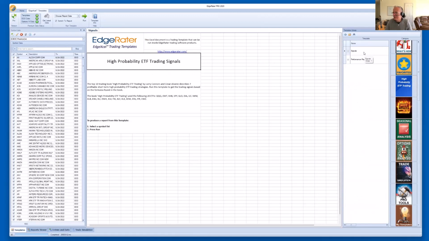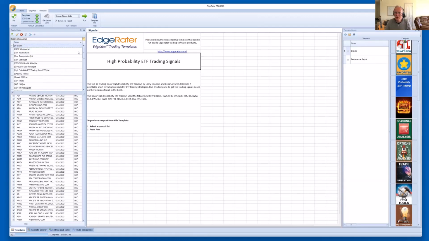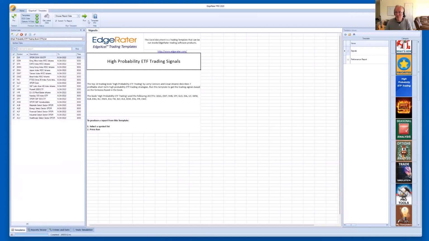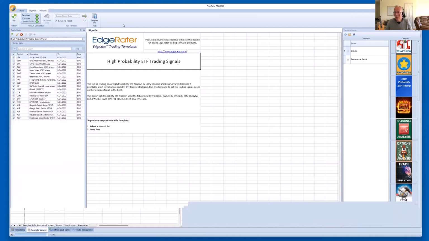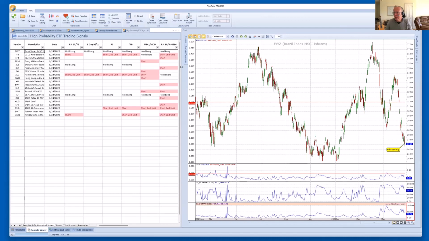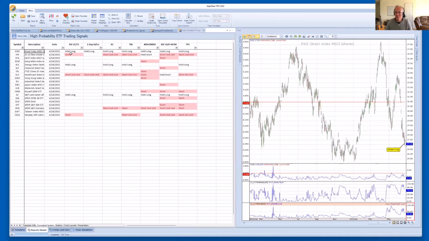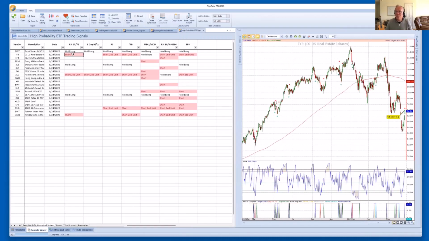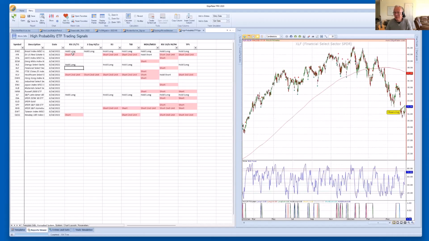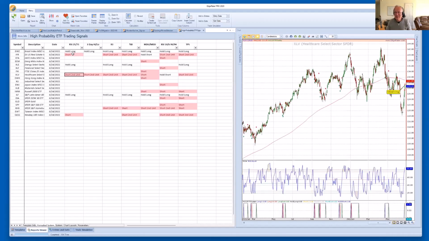If you run the signals template on your list of high probability ETF trading book ETFs, you'll end up with a report which is very similar to the report you get with the ETF Trading Bandit. Obviously, this is done in the EdgeRater way, whereas ETF Trading Bandit is only to do with that strategy.